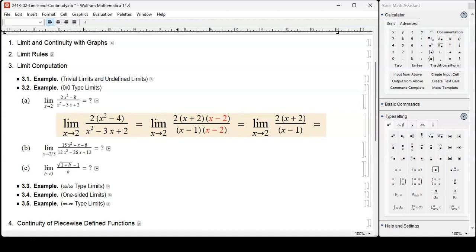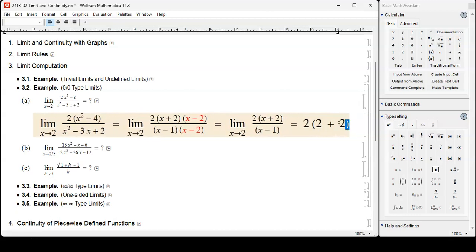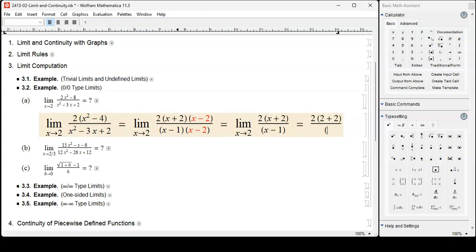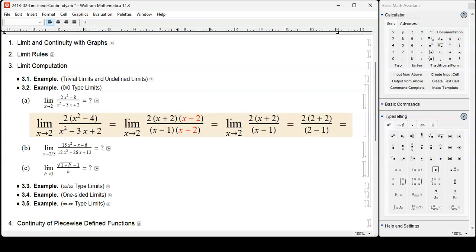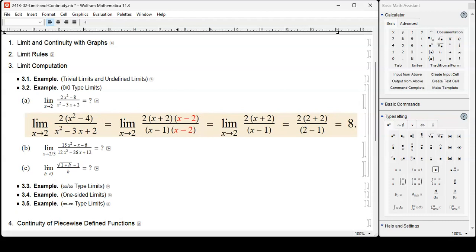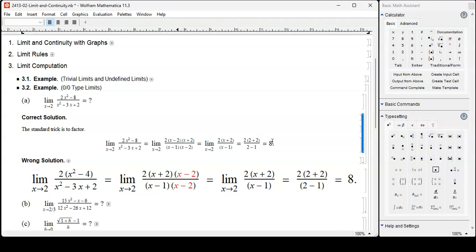If you do that, what do you get? 2 times 2 plus 2 is the numerator. And the denominator is 2 minus 1. And that's going to be what? 8? 4 times 2 is 8. Well, let's see. What did I do here in my answer key? Yeah, that's 8. That's the correct solution.